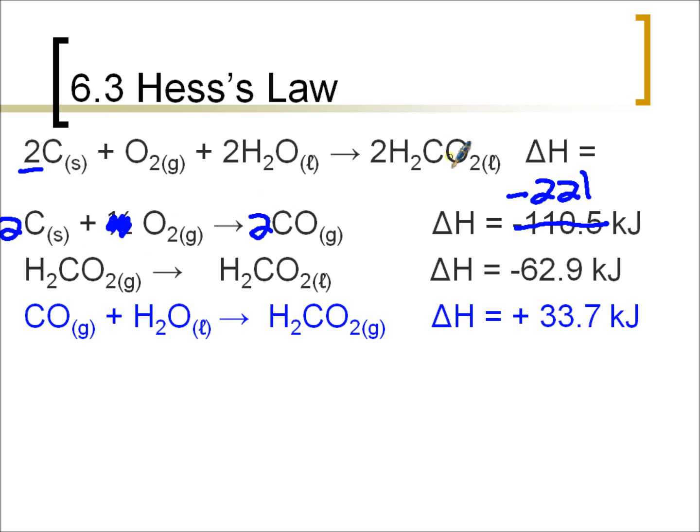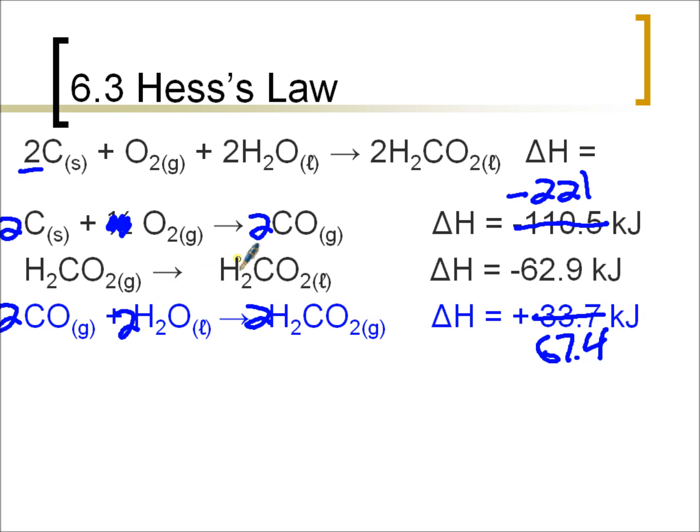I notice that I have no CO up here on top, and I have a CO here, so that means I have to multiply this bottom one times 2 to make sure that my COs cancel out. And when I do that, I have to multiply my 33.7 times 2, and that's going to be 67.4 is the new number here.